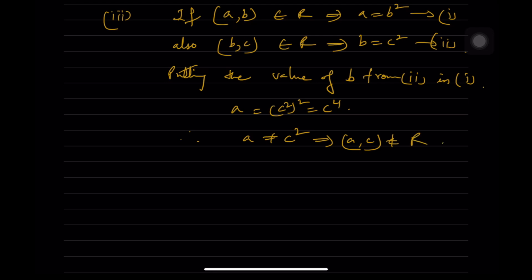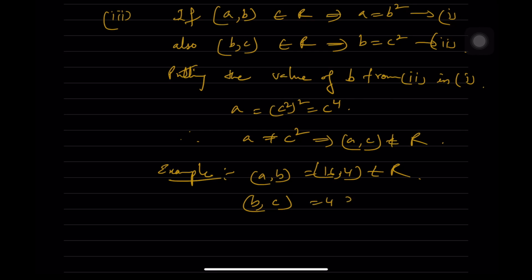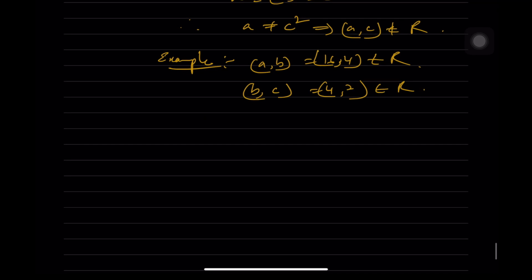So now if we take one example over here, that is AB is equal to (16, 4), which belongs to R, and BC is equal to (4, 2), which belongs to R, since for each pair A is equal to B square.